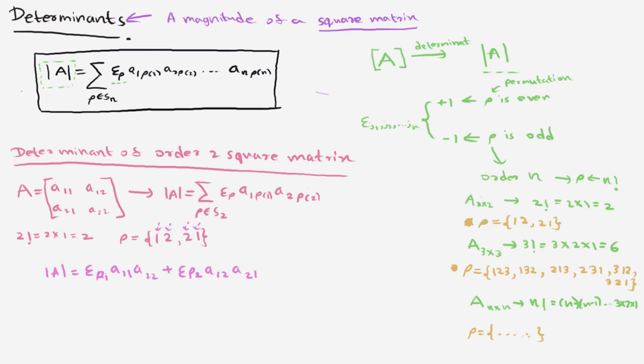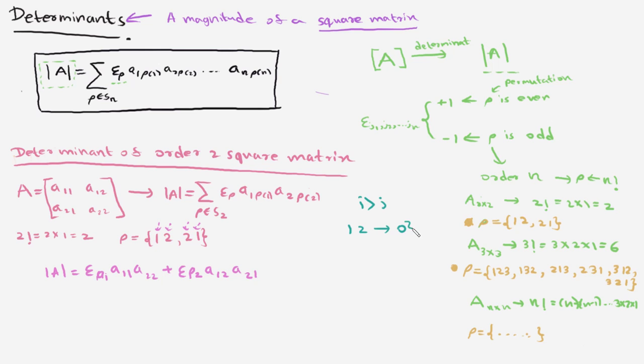Okay, so this is the theory. If we want to generate the corresponding epsilon value for given permutations, we only have to know how many larger integers precede any integer. In this case, the first permutation is 1, 2. So there are no larger integers that precede other integers because 1 is always less than 2. So there are no preceding integers.